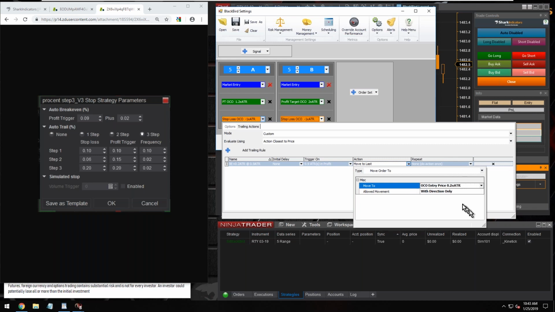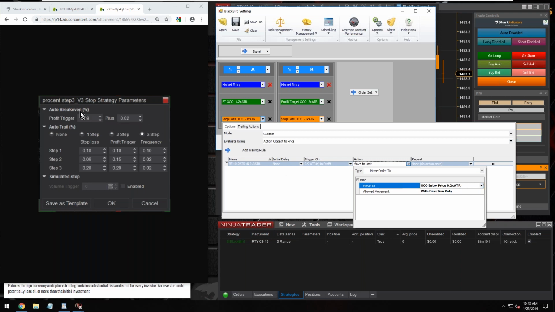If we stretch this out a little bit, there we go. So we can see we're going to move that order to the entry price, which is the same thing as the break even, plus 0.2 ATRs. Okay.